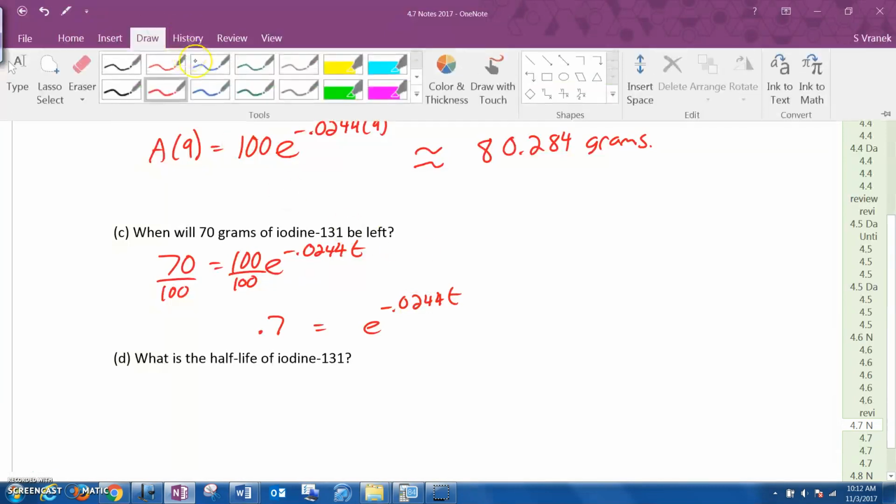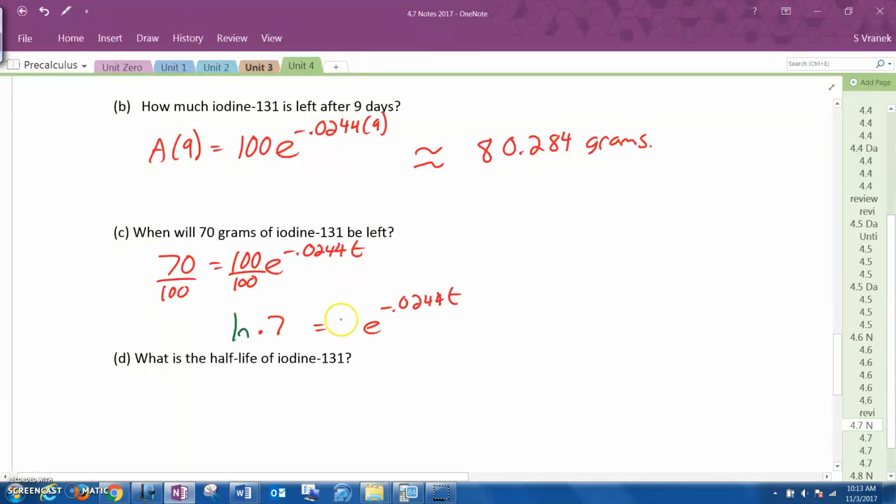Now we natural log, and when we do these problems, it's actually kind of nice because when you natural log base e, they go away and you're just left with this number. So then the final step is t equals natural log of 0.7, divide by negative 0.0244. So this is our answer right here. So t is approximately 14.618 days, since we're in days.